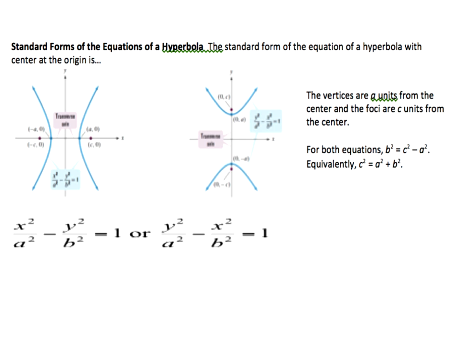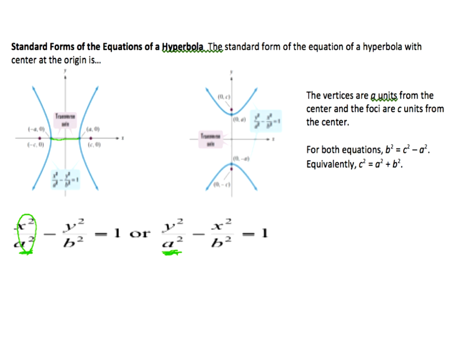Okay, the standard forms of the equations of hyperbola are listed below here. So here's what I want to point out. You have hyperbola whose transverse axis is horizontal. When that is the case, you will see the x squared term listed first. Now notice a squared is always your larger value, and that's always going to be listed first.